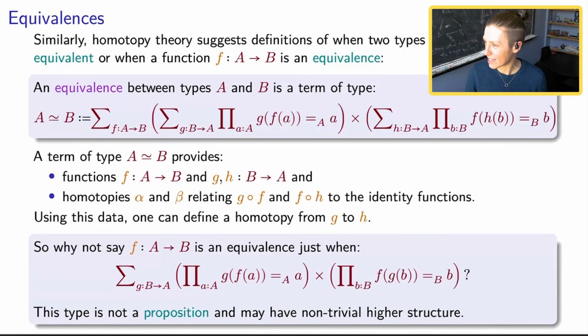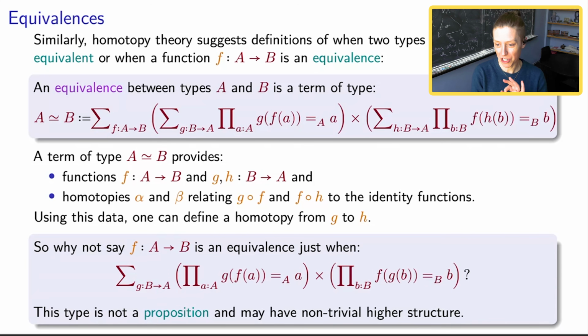So there's an additional test for definitions in homotopy type theory, something you pay attention to that maybe you didn't pay attention to in set theory. What it means for this first type to be a proposition is that if I had two different constructions of an equivalence between A and B, then those are equal. Sorry, I misspoke slightly.